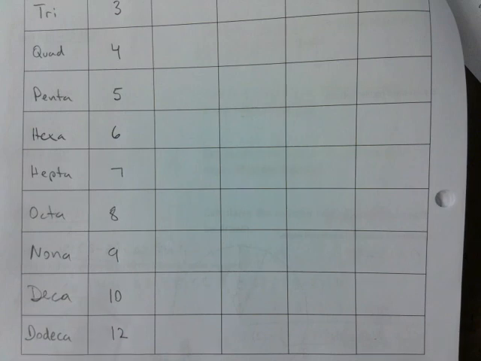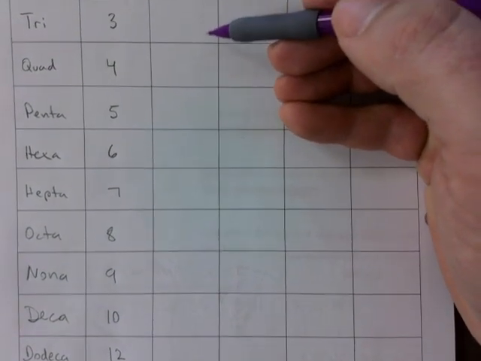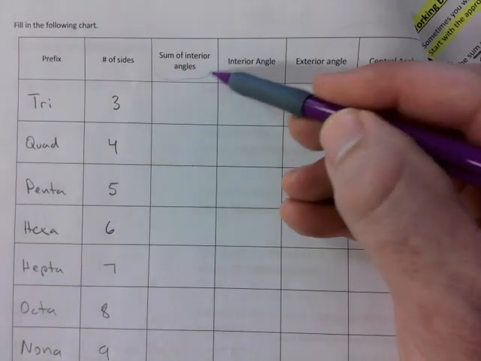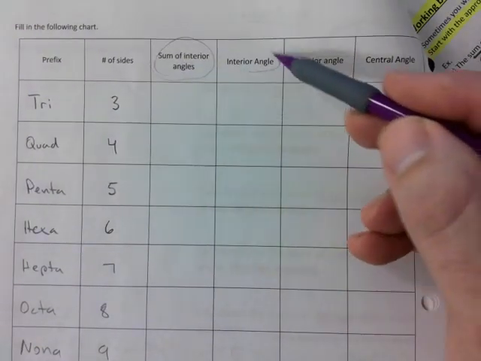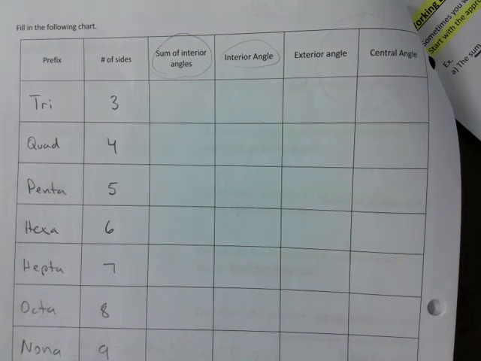So there could be an instance where I ask you what's the name of this polygon. Let's say you calculate that it has 9 sides, then I'd expect you to write down nonagon, right? So the rest, like these ones, the sum of interior angles, the interior angle, all those, you could calculate all of that, but it's just so much work.